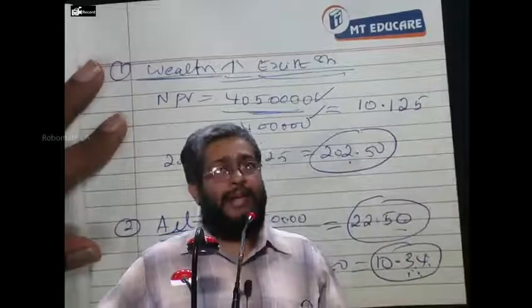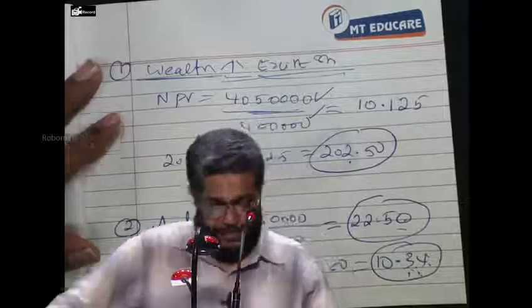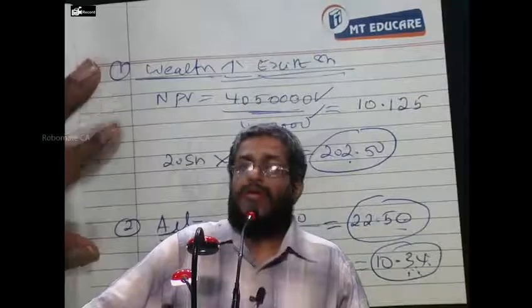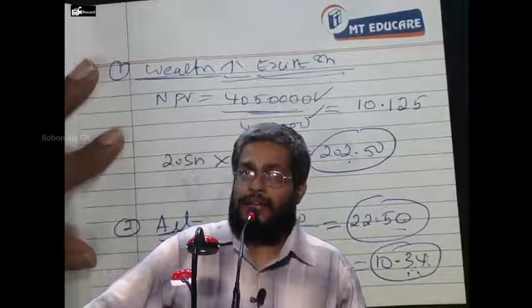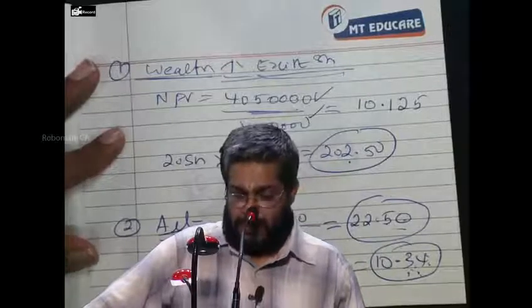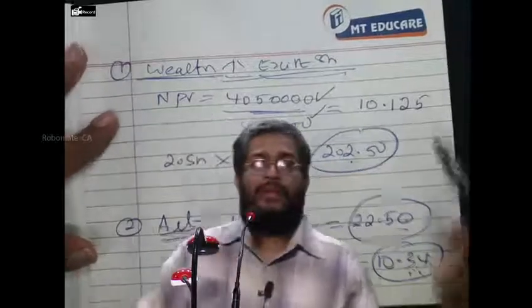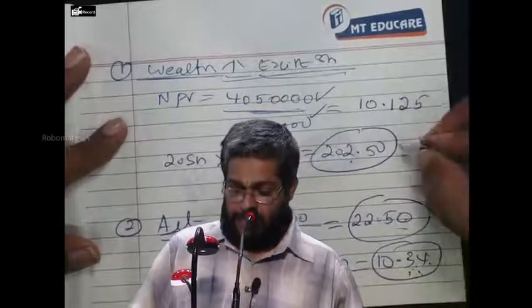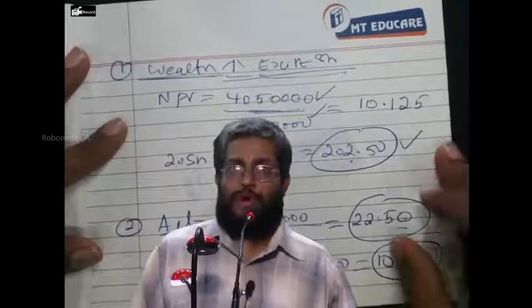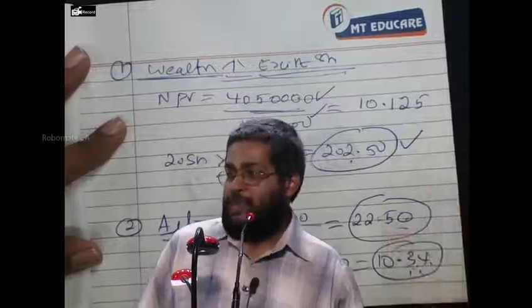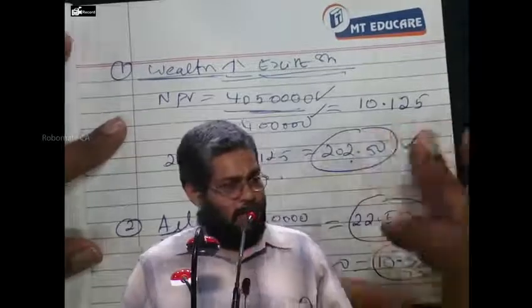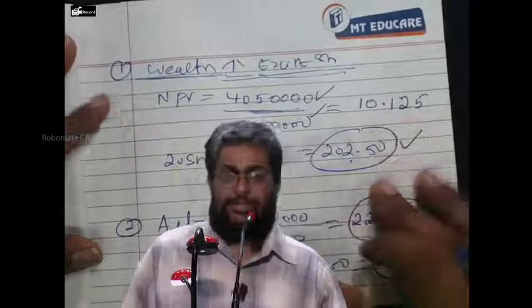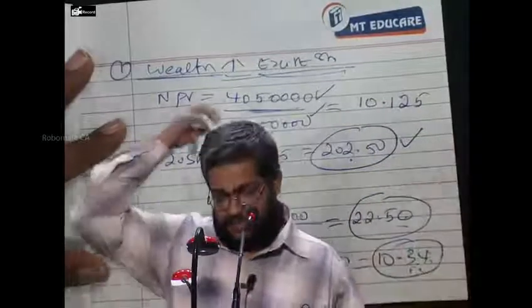Therefore, for 20 shares it is 20 into 10.125, which is equal to 202.50 rupees. Don't fight with me for that 14 paise, it's all rounding.